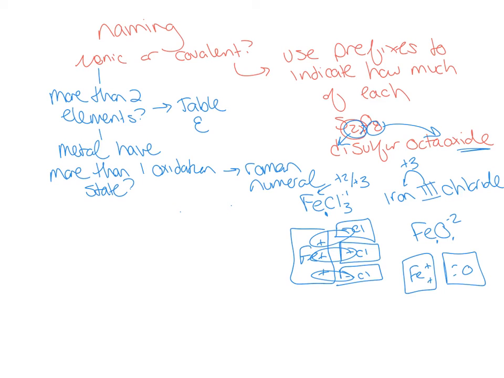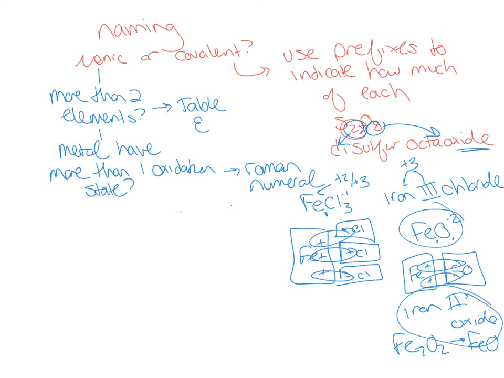So that means that iron has to be +2. Okay, so this would be iron 2 oxide. Where does that come from? If you struggle with this, write a formula for iron 2 oxide. You get Fe2O2, and all you would do is reduce it to FeO, which matches this.